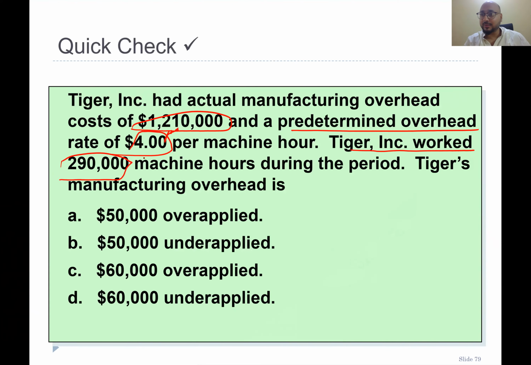Since this question is silent, we assume that the applied and actual base hours or machine hours are the same. So you tell me, is this over applied or under applied? Ronnie, what is the answer?